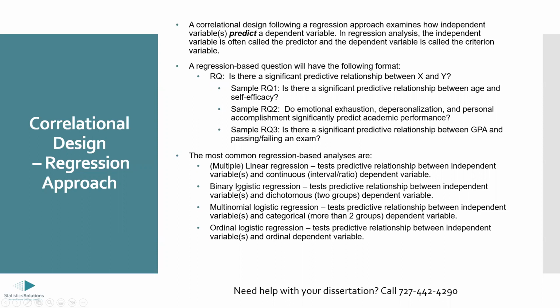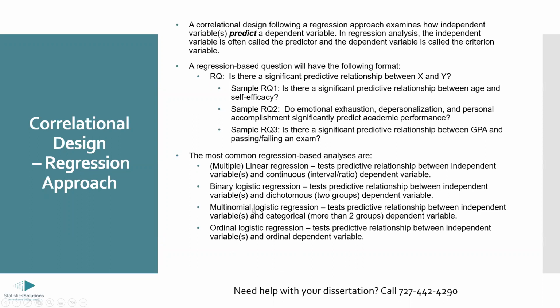A binary logistic regression is used when your outcome is binary or dichotomous. That would be sample research question 3 here. You're trying to see how an independent variable predicts passing and failing an exam. Passing and failing is dichotomous or binary, so you run a binary logistic regression. If you have a categorical variable that has more than two groups beyond passing and failing, then you do a multinomial logistic regression.